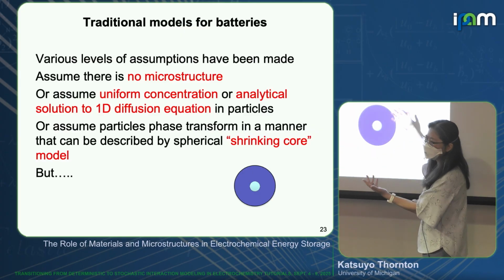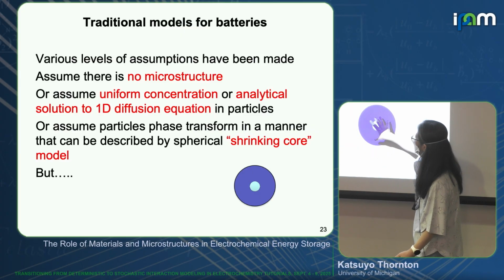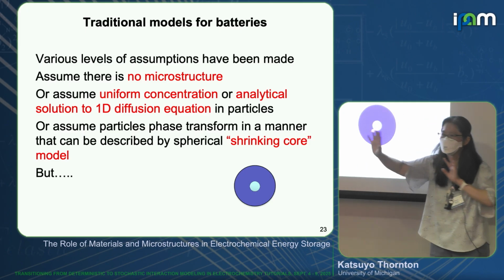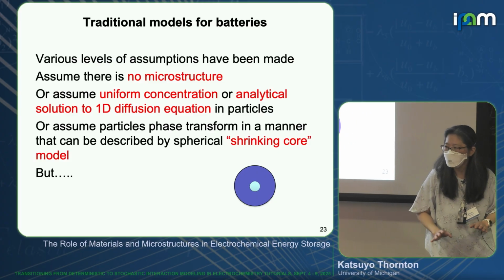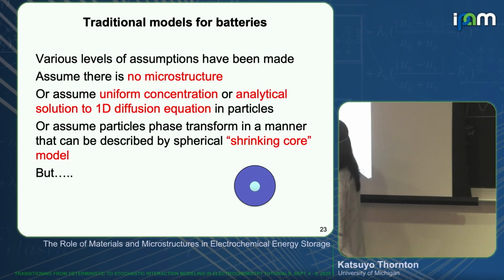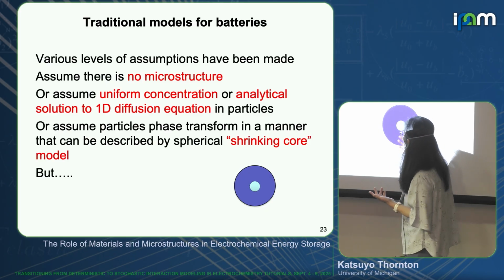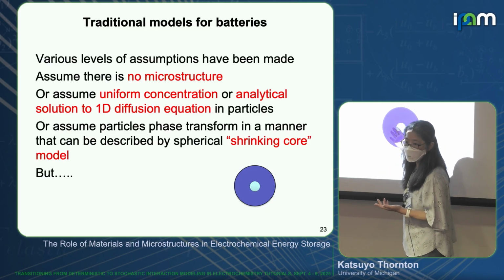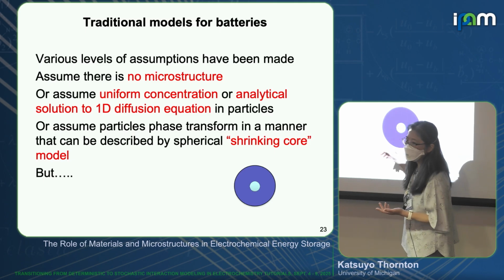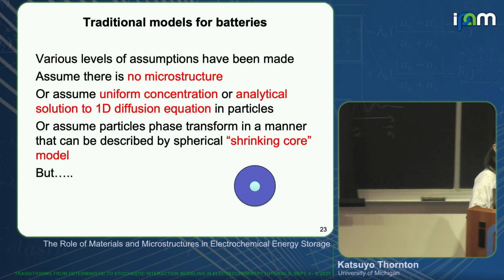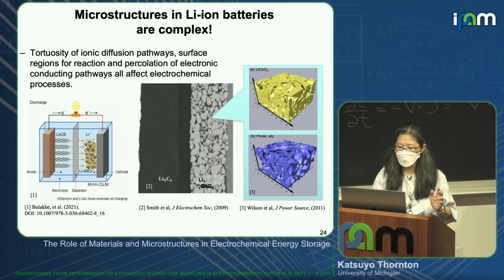As the lithium comes in and out, there's a core, one phase, and those are two different extremes, right? Assuming constant concentration means that you have very fast transport, diffusion in the particle. This would be for two-phase material, right? Or maybe slow diffusivity.